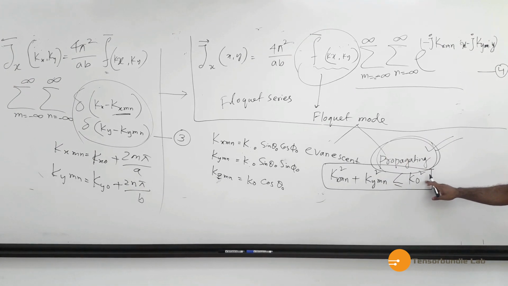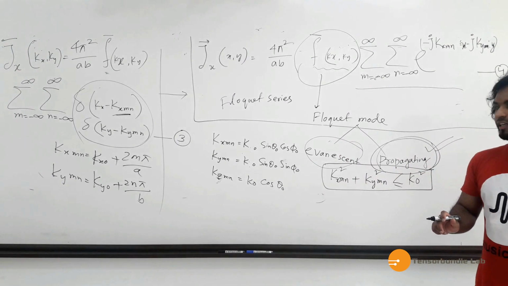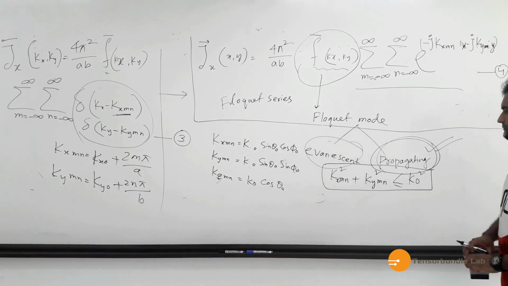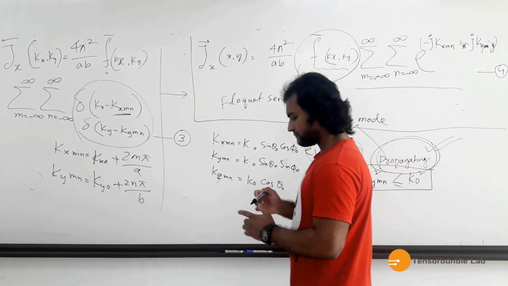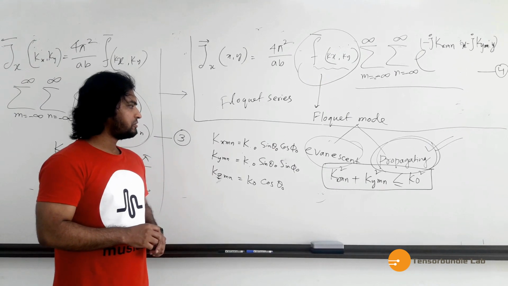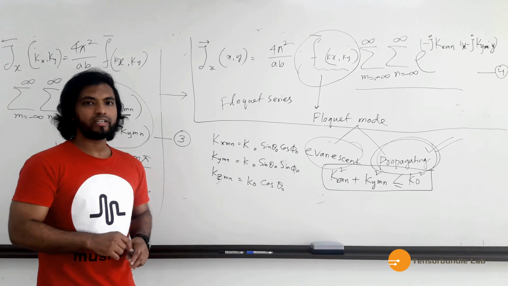And if it is not satisfied, then the mode is evanescent. Okay? So you have to check this equation. Now, how to analyze the unit cell? So this is the basic of the Floquet analysis.